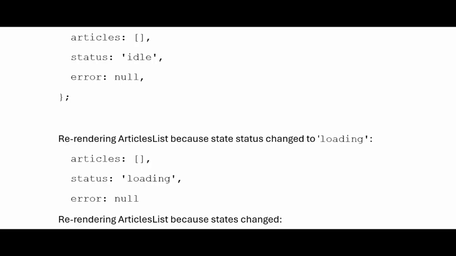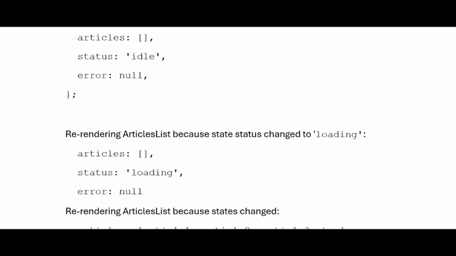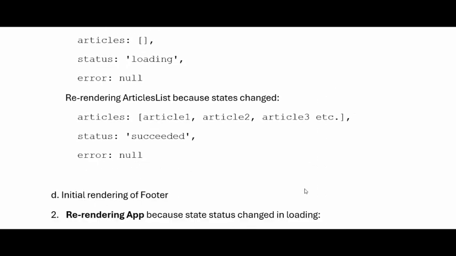Here it is: articles empty array, status loading, error null. And again, re-rendering articles list because the state status changes from loading to succeeded, and articles is now a full array.